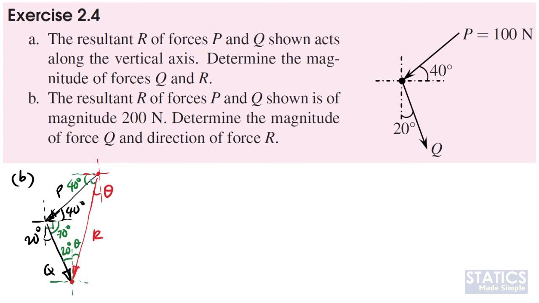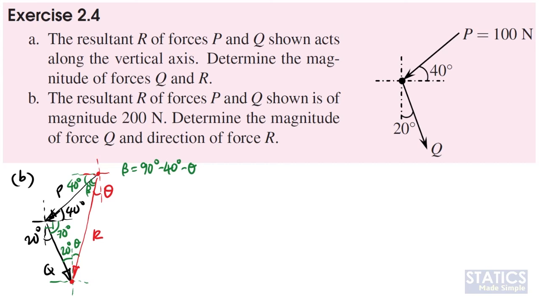The remaining angle here is beta, whereby beta is equals to 90 degrees minus 40 degrees minus theta. Once we have determined all the angles within this triangle, we can solve it using trigonometric approach. In this case, the most appropriate will be to use cosine rule.